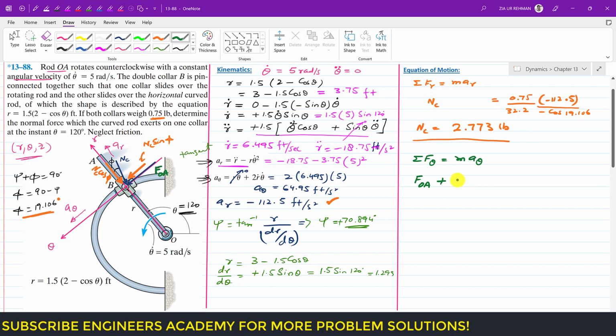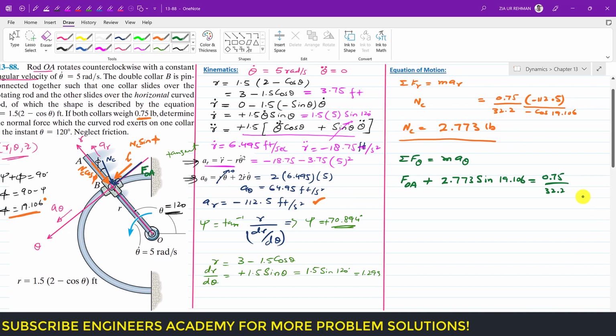Now we know NC is 2.773 sine of phi, and we know phi as well, which is 19.106, and this is equal to the mass. The weight is 0.75 divided by 32.2 multiplied by this a_theta. So a_theta is 64.95.